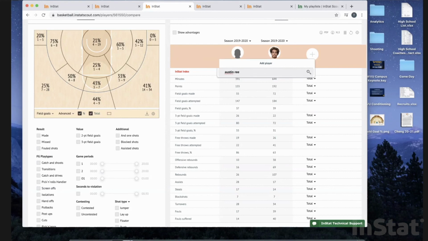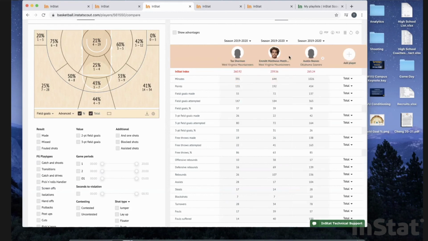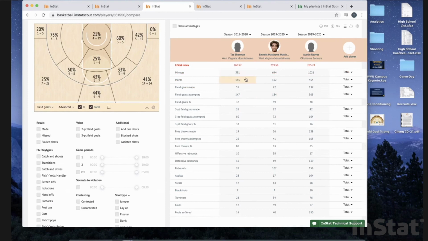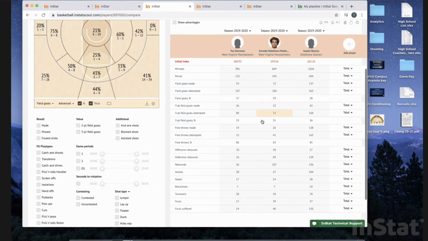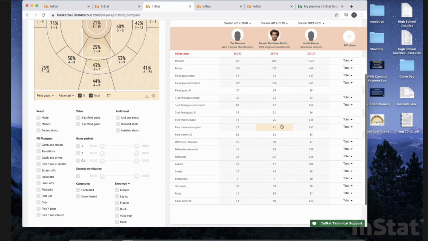I spelled that wrong. There he is. So now they can go look at someone similar to them on a different team, or the same team, and then just go down and see how different they are. Now, obviously, Austin Reeves played more minutes than Taz did, but that's neither here nor there for this. But they can look at how their numbers stack up to other people around the league.